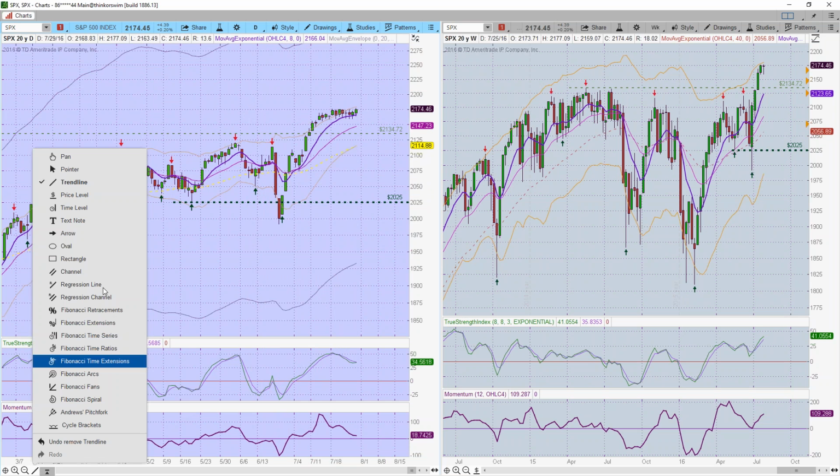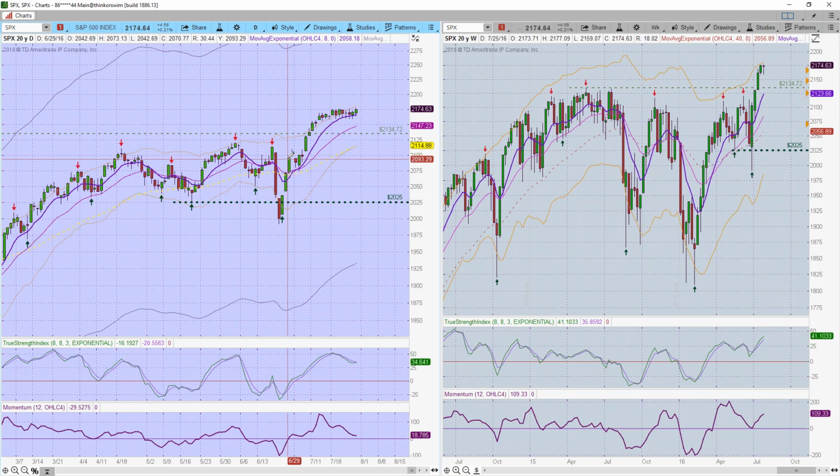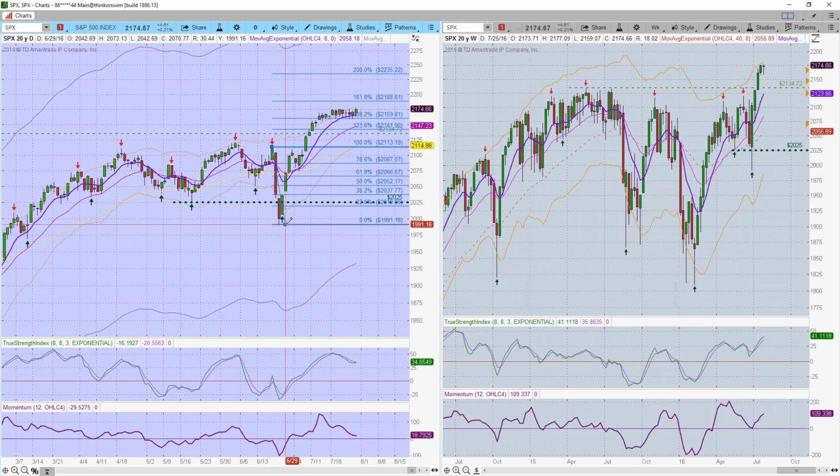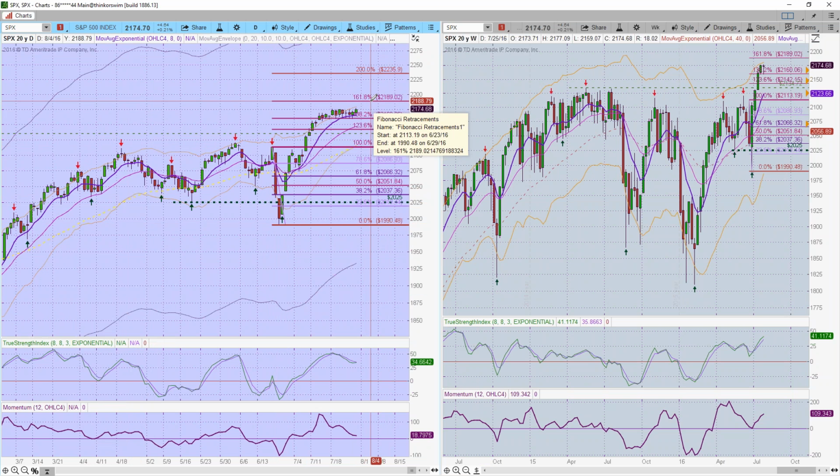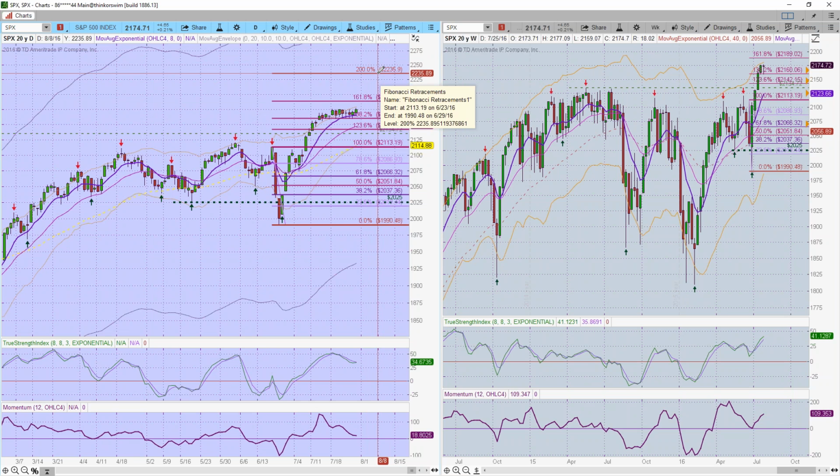And for those of you who were in on Wednesday's training, we talked about this a little bit. We've got a couple of points we can take from this swing high to this swing low to give us a projection. And as you can see, if we pop above the 161.8 extension, then the 200% will put us up there at that 2235 to 2250.